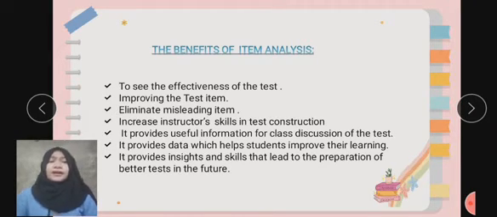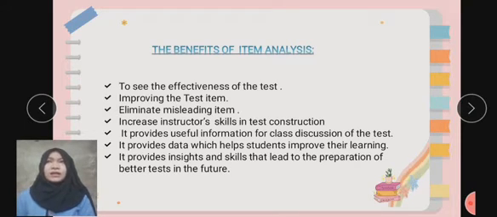So, in this item analysis, hindi lang positive vibes sa student, of course, pati rin sa ating mga future teacher. As habang ginagawa natin ito, mas nag-i-improve din yung skills natin sa paggawa ng isang test.